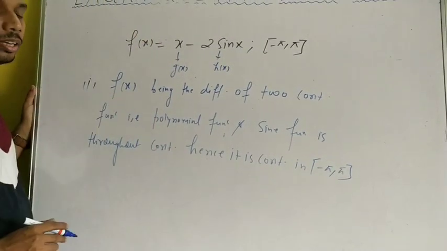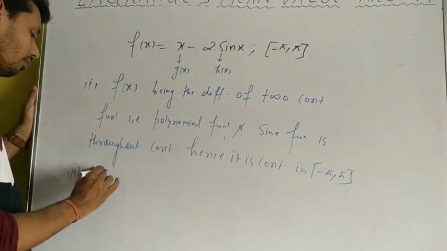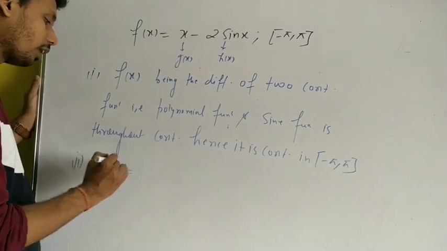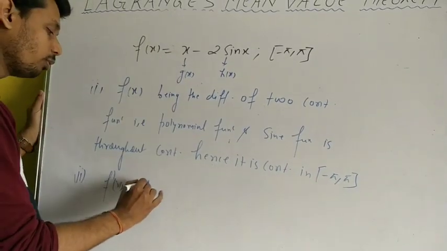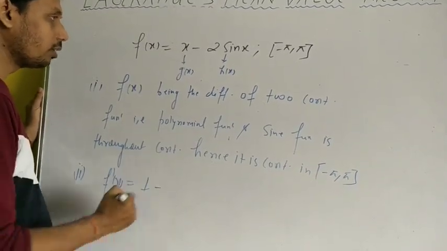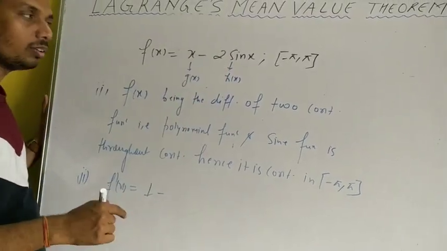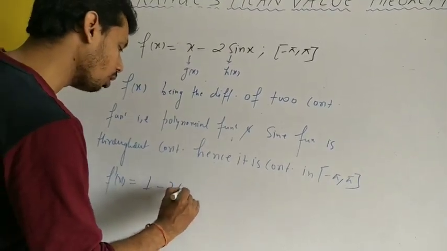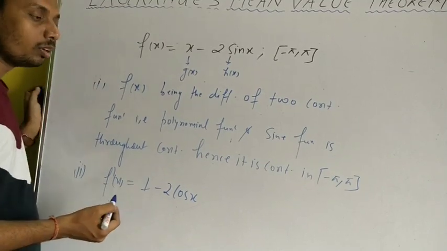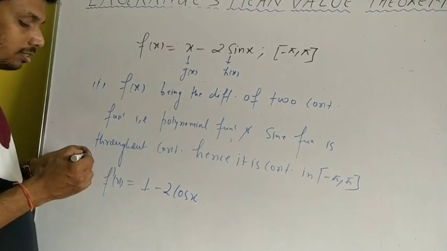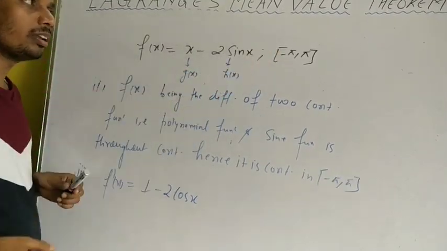Okay, the first part. Now the second part, let us determine f dash x. Here f dash x, the differentiation of f(x), will be equal to what? 1 minus the differentiation of 2 sin x, 1 minus 2 cos x. Now which clearly exists in the open interval minus pi to plus pi.